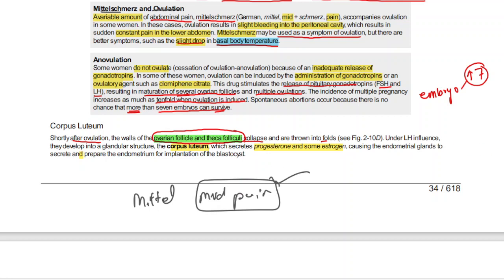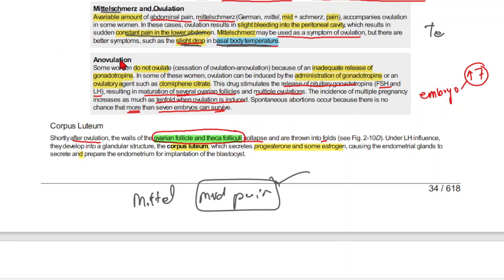If you know that there is a mid-cycle pain, you have to know that this is the time of ovulation. Another thing during ovulation is constant pain in the lower abdomen, and a drop of basal body temperature. Your basal body temperature slightly drops. This is the symptom of ovulation.